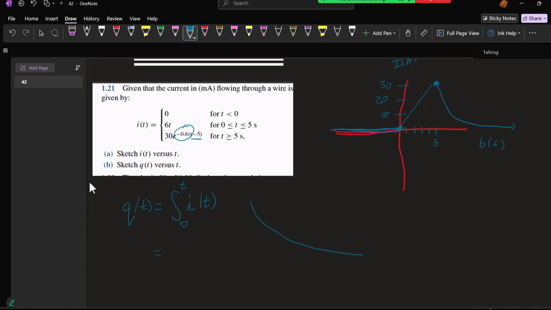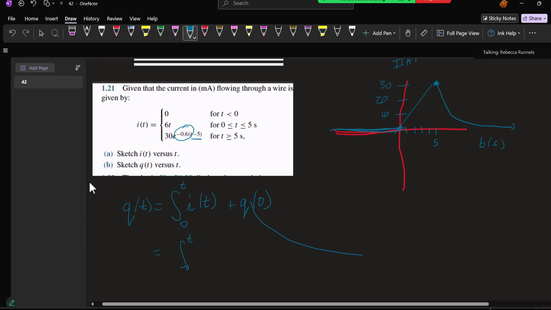There was no charge before time t equals 0. So I know that at 0 there was no buildup of charge. So it's really this plus however much you had at 0. So this is the integral from 0 to t of 6t dt, which is 3t squared plus a constant, which is 0.